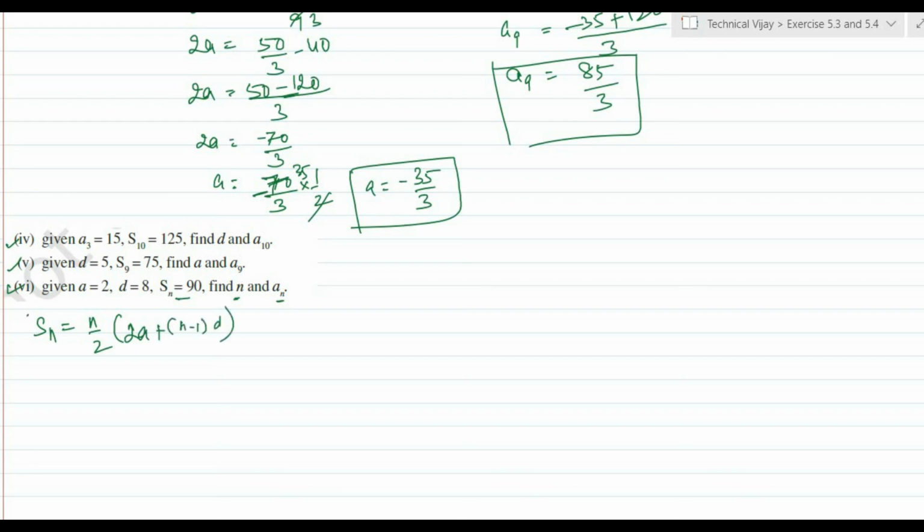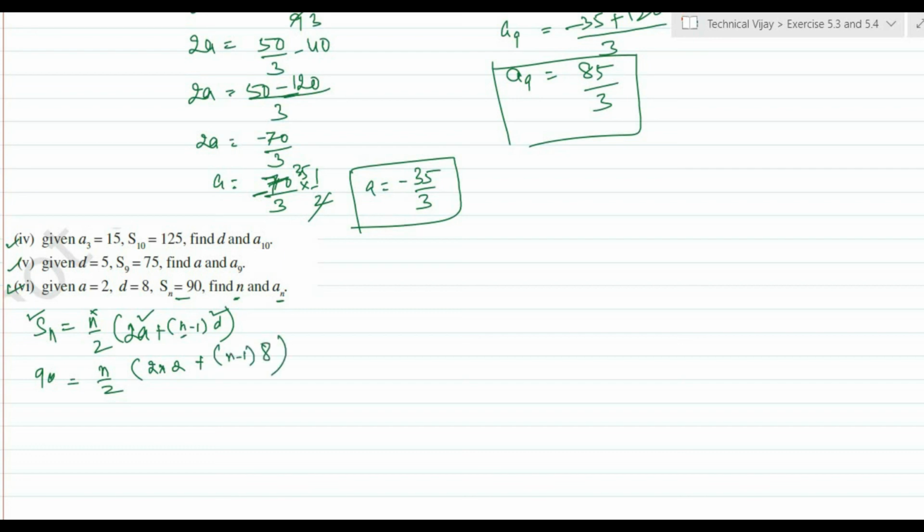Here we know Sn, a and d, so only n we have to calculate. So substituting, 90 is equal to n by 2 into 2 plus n minus 1 into 8.